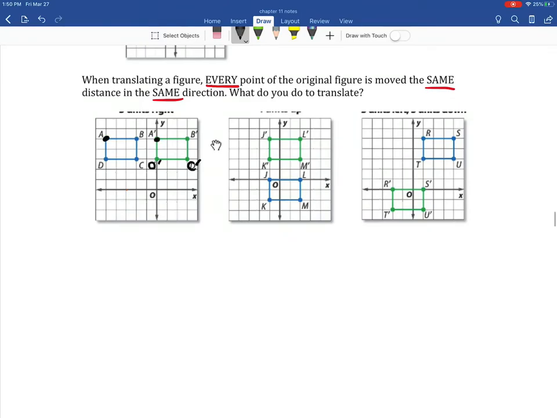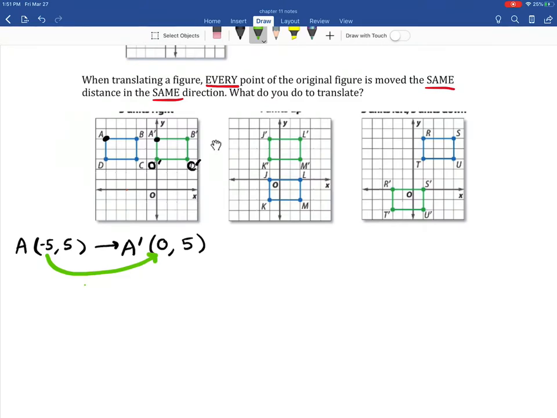So let's look at just A and A prime from this one. The coordinates of A are negative 5, comma, 5. A prime on the new figure is at 0, comma, 5. So let's figure out how we move from one to the other.